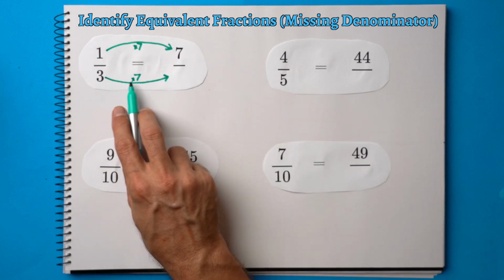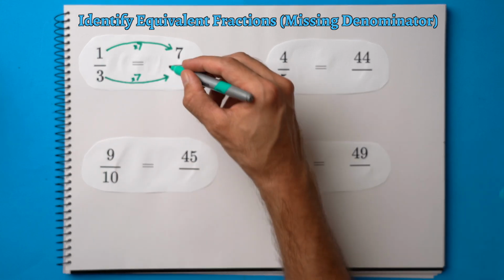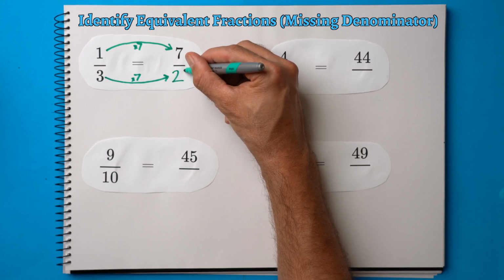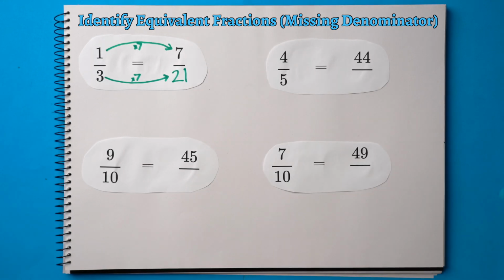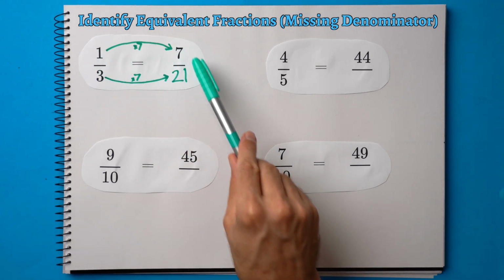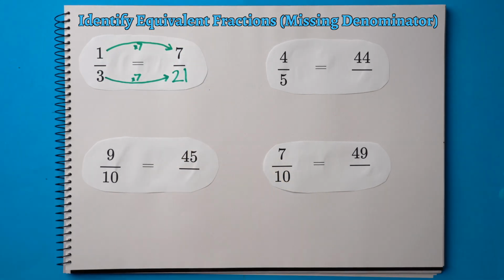And we've got 3 times 7 is 21. 1/3 is the same as 7/21. 20, I'm not sure how you say that fraction. 20ths, 21sts, I think. Yeah, 21sts.